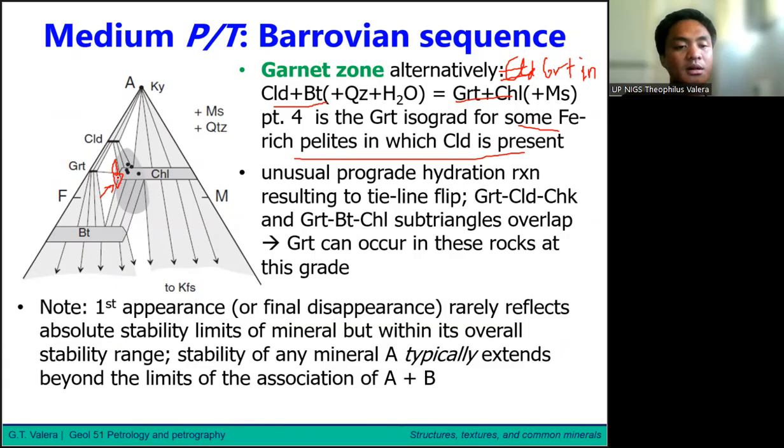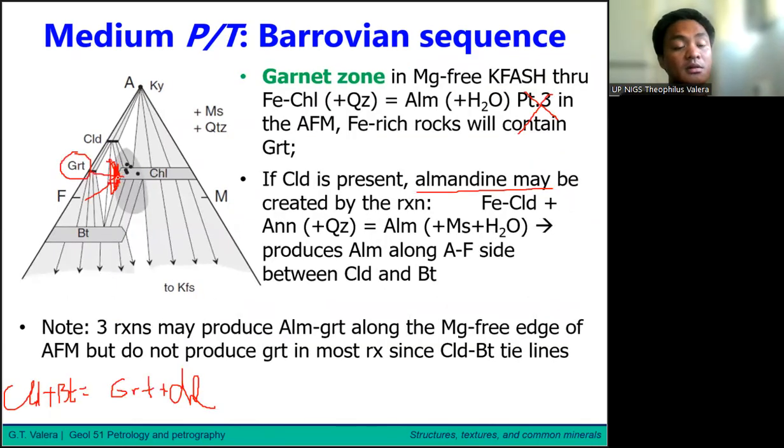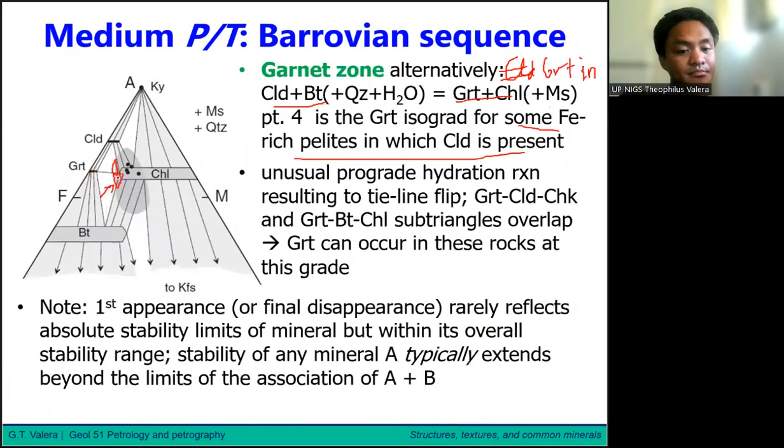Ano pang important? Yung unusual prograde hydration reaction resulting in tie-line flip. Basahin nyo na lang si Winter if you want to understand further how the rocks change composition.